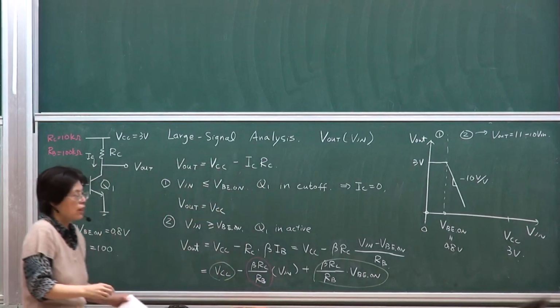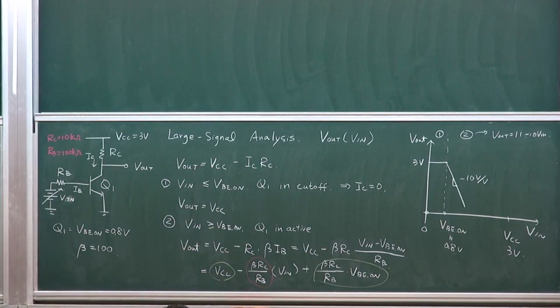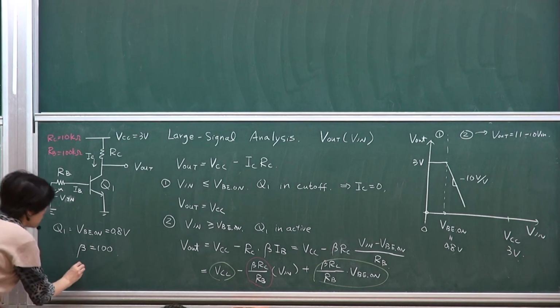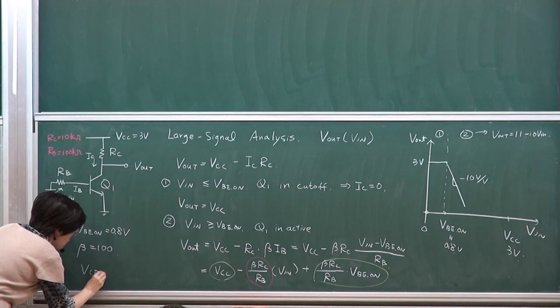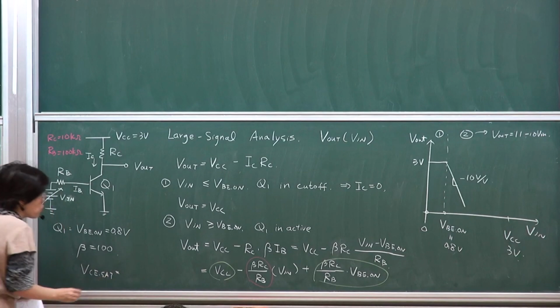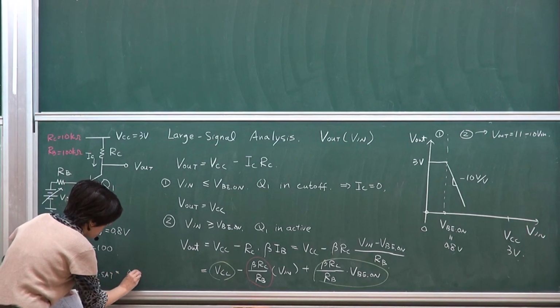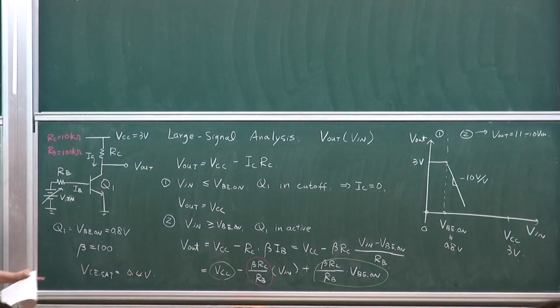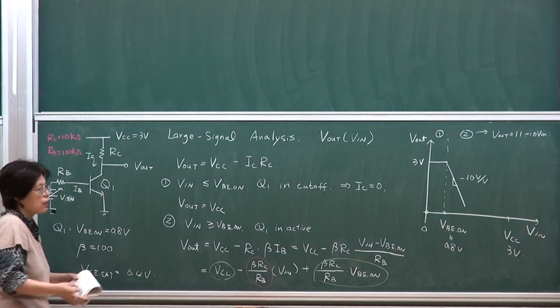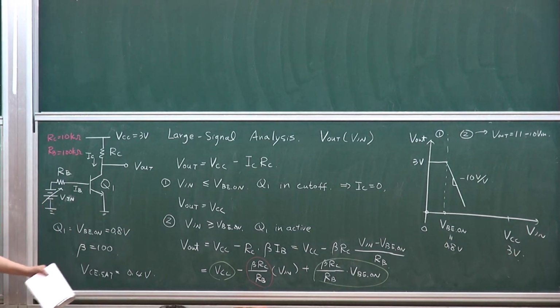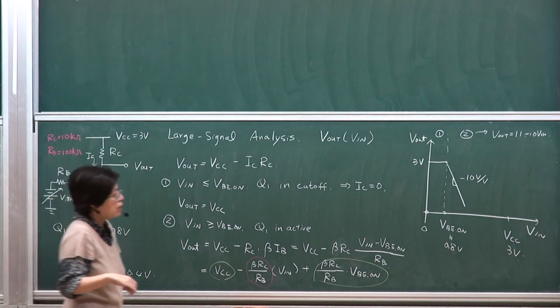So how far can it go? It goes until it hits, based on our model, VCE. The criterion for making sure that the device is operating in saturation is 0.4 volt. We're going to use that consistently throughout this class.